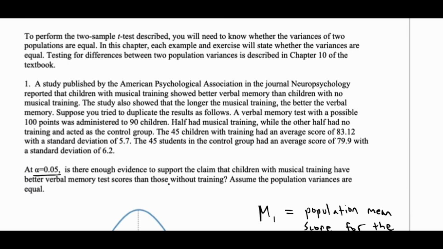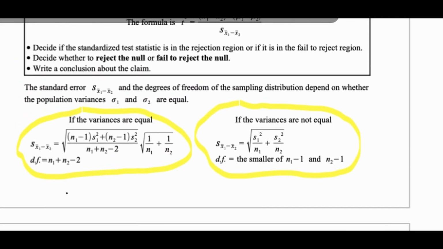It says, assume the population variances are equal. So if they're equal, we'll follow this approach, and my degrees of freedom are given by N1 plus N2 minus 2.